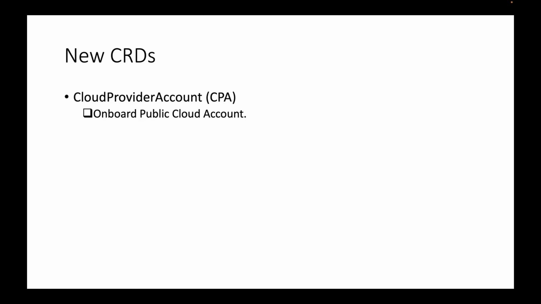For example, a user may not want resources from region Y, but want resources of region X onboarded. They will use this CR to specify which regions the resources should be imported from. I'll cover this further in the next slide.